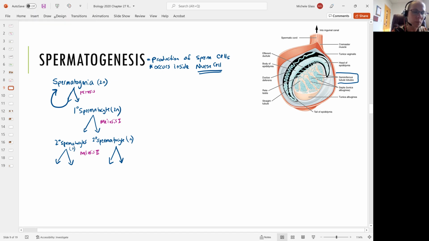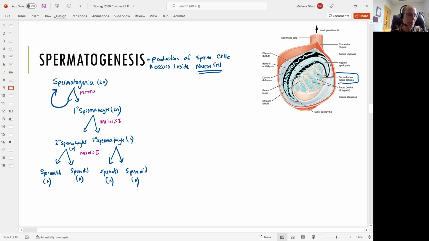We call these cells spermatids. So it's a haploid cell, and you have 4. And if you study meiosis in detail, you'll see that these cells will all be unique from each other. So no 2 spermatid cells are going to look the same.